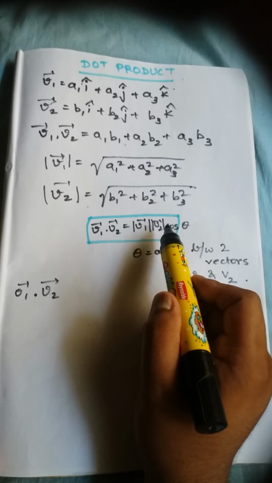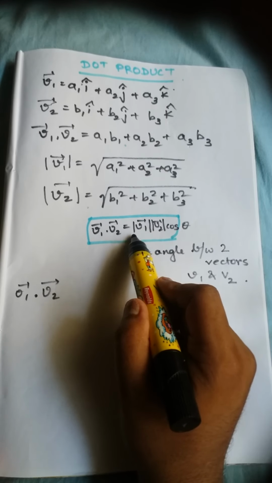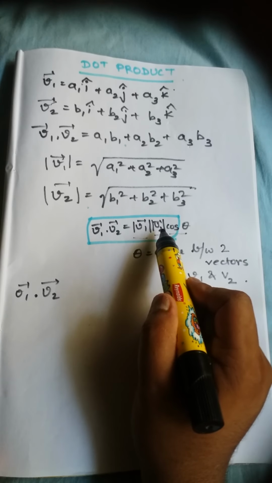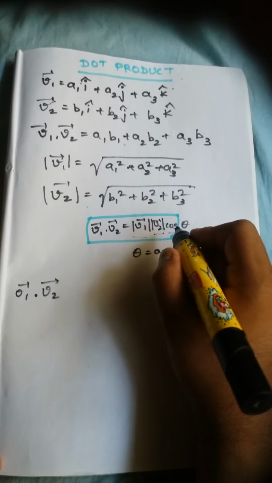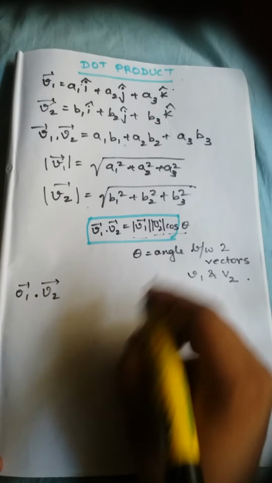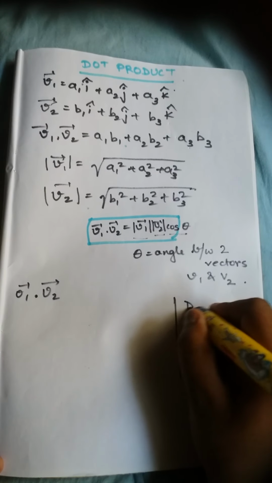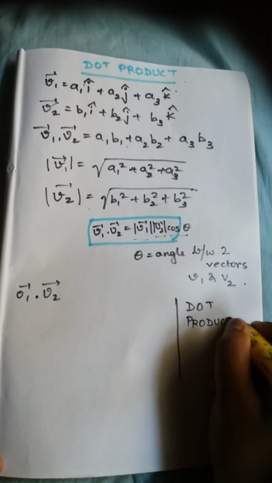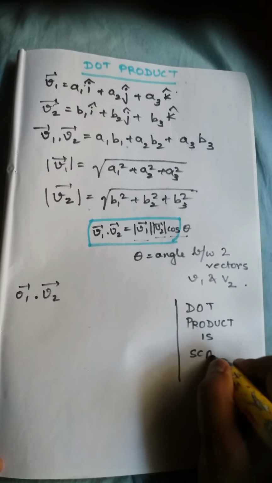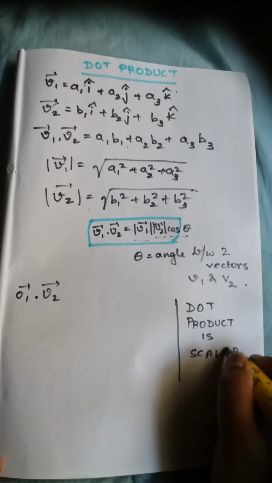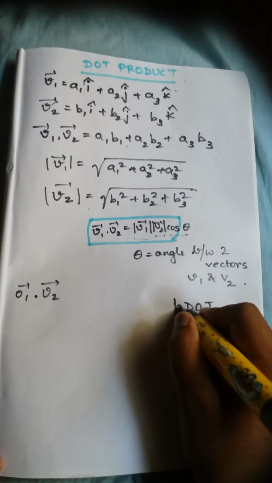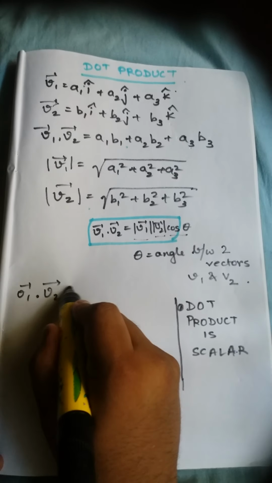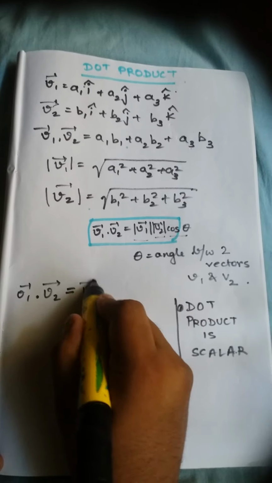Okay, it is not vector, since this thing is scalar and this thing is scalar and this thing is also scalar, so dot product of two vectors is always a scalar. So let me write this down. Dot product is scalar. It is also commutative, that is v1 dot v2 equal to v2 dot v1.